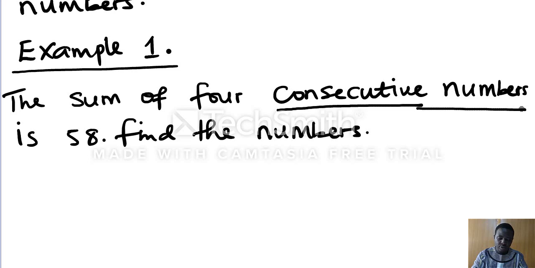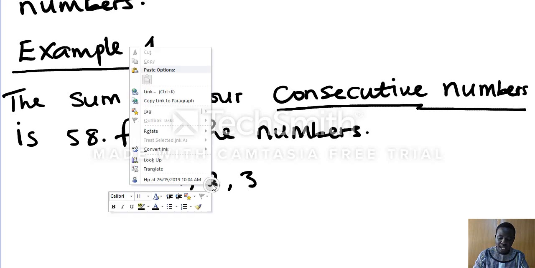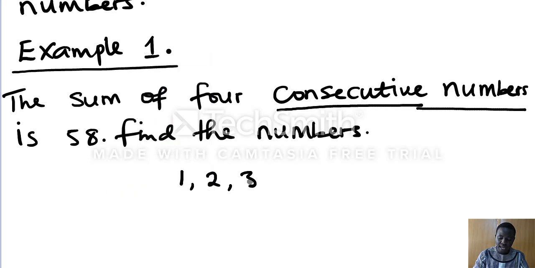For example, if I have 1, 2, 3, these are said to be consecutive numbers because the difference between 1 and 2 is 1, and the difference between 2 and 3 is 1. So any group of numbers that have the same difference from each term are said to be consecutive numbers.